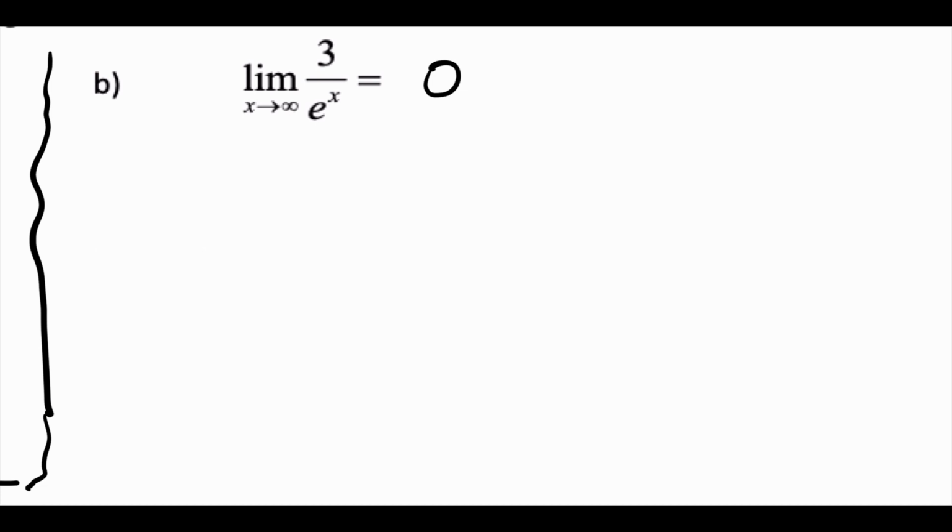So as I plug in numbers closer and closer to positive infinity, the bottom's getting way bigger. Top's just staying 3. Eventually, that's pretty much 0. If I plug in a number big enough, it's going to be 0.